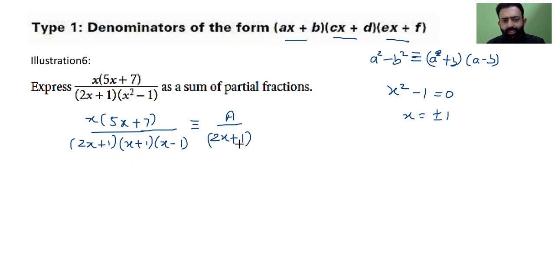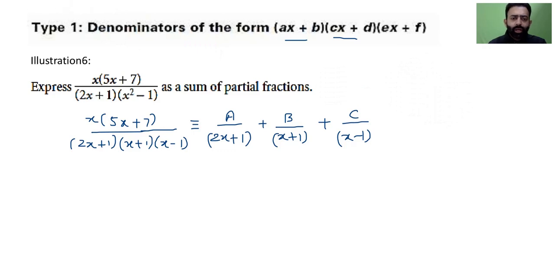So one separation is of the type 2x plus 1. I need to find out the value of a, plus b upon the next linear factor x plus 1, and the third linear factor is x minus 1. So basically my task here is to find for what values of a, b, and c I can separate the LHS into the RHS.